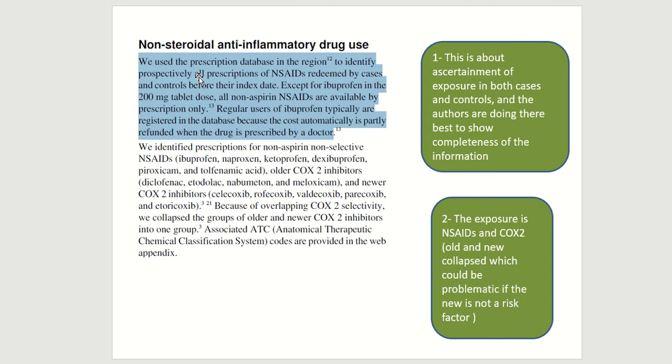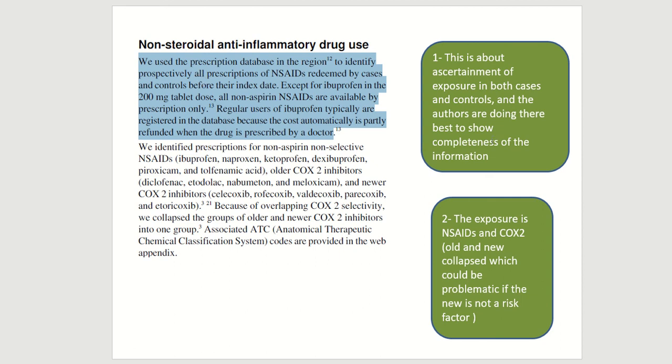That's for the case. But for the control, who has no outcome, since they're matched by age, every case is matched to 10 controls. Those 10 controls, their index date is the same as the case, meaning April 2002. And if they were taking the medications, it has to have happened before April 2002. Okay?